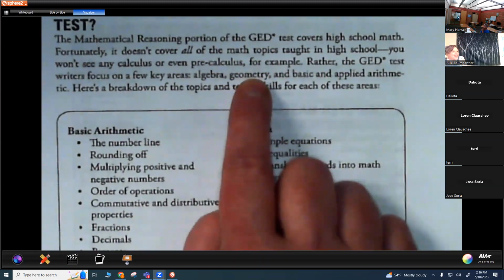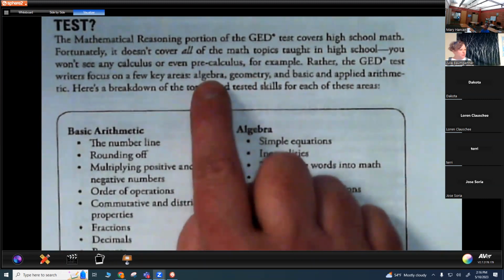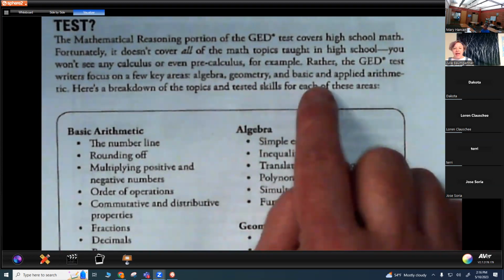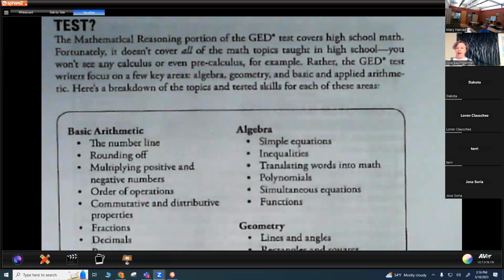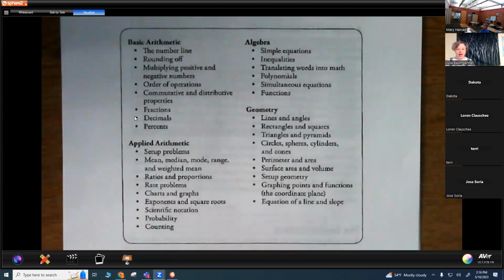Then we see our friend geometry that we've been working in, and hopefully everyone was seeing how much of geometry can be formed into algebra or applied via algebra or vice versa. And then what they call basic and applied arithmetic. So the box here breaks it all down into the 4 main areas.